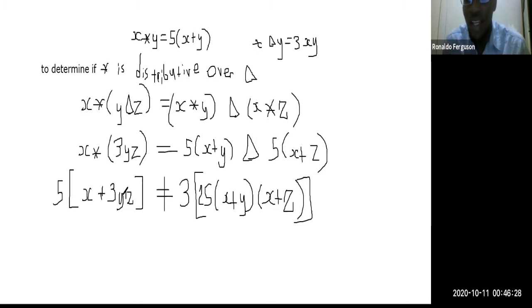And finally, let's determine if delta is distributive over star. So to determine if delta is distributive over star, again we write down what x star y is. x star y is 5 times x plus y.